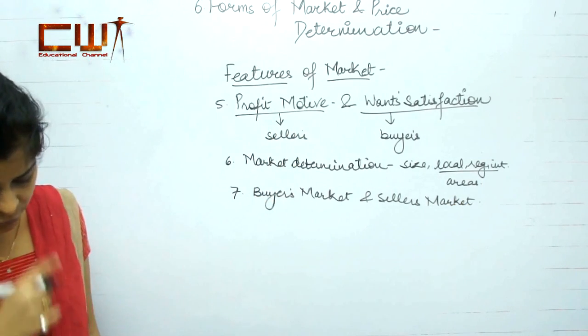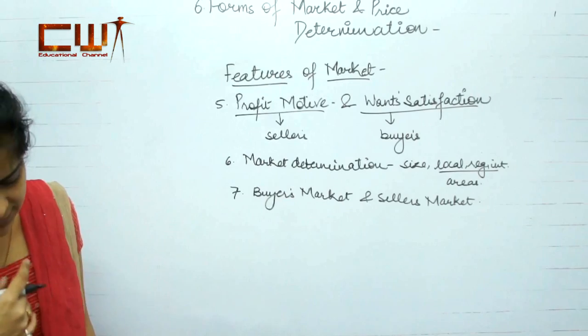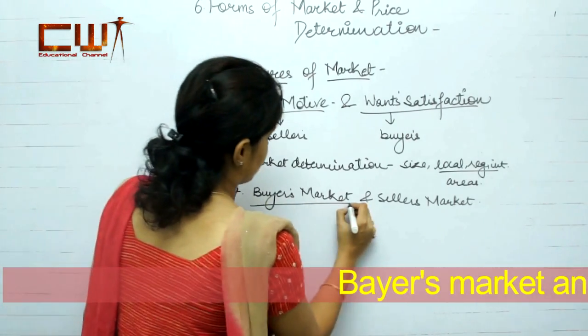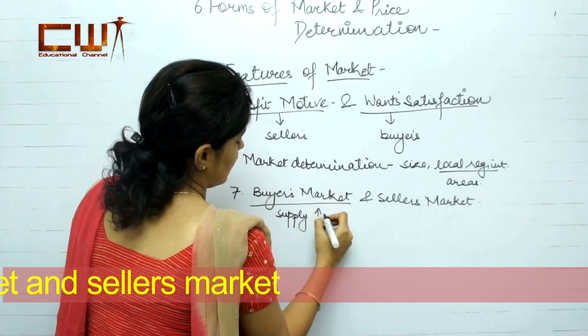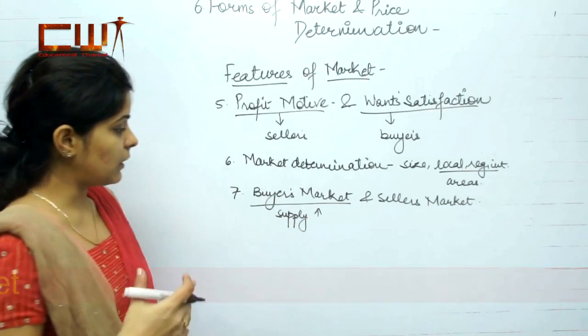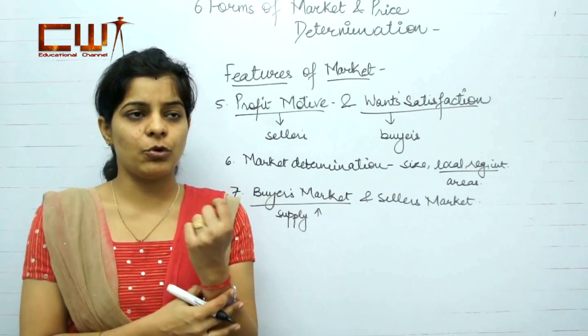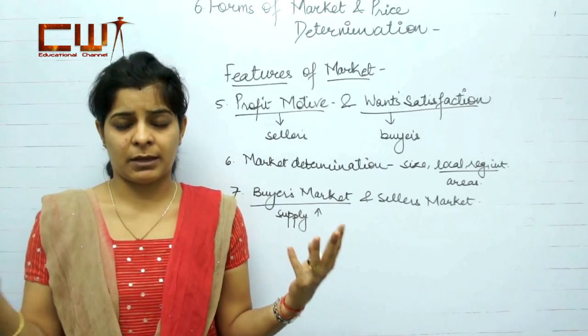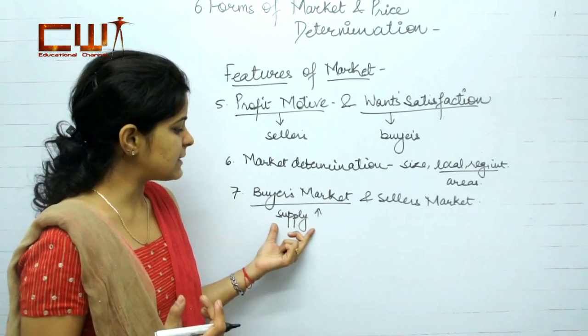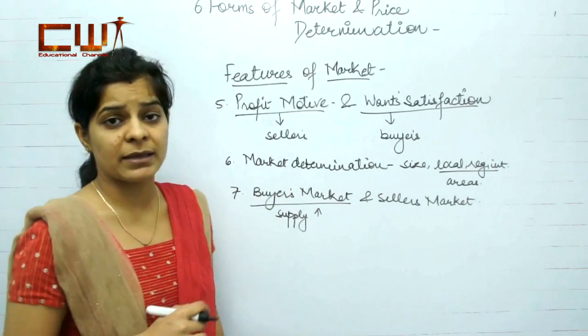Under the buyer's market the supply is exceeding the demand. Buyer's market means supply is more than the demand. So you have plenty of goods. If I go and buy something and there are lots of goods, then it's my market because I have a variety of goods. So when supply is more, that is known as the buyer's market.